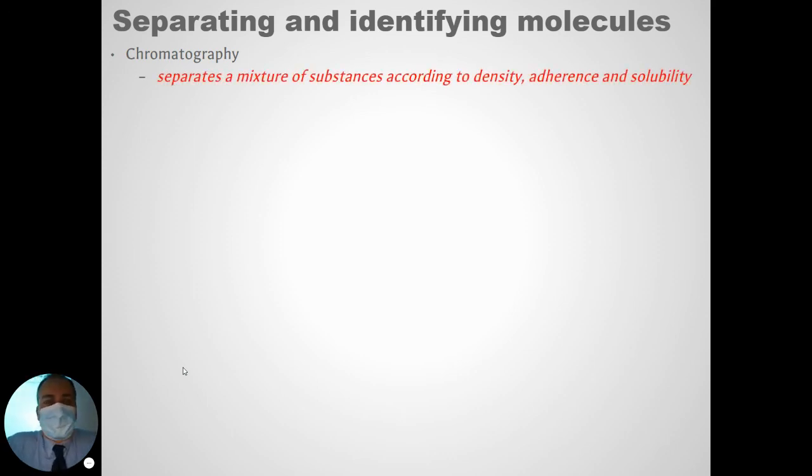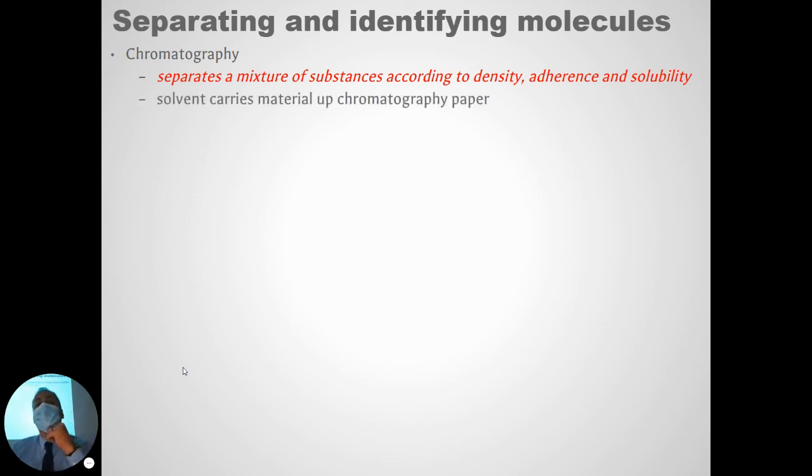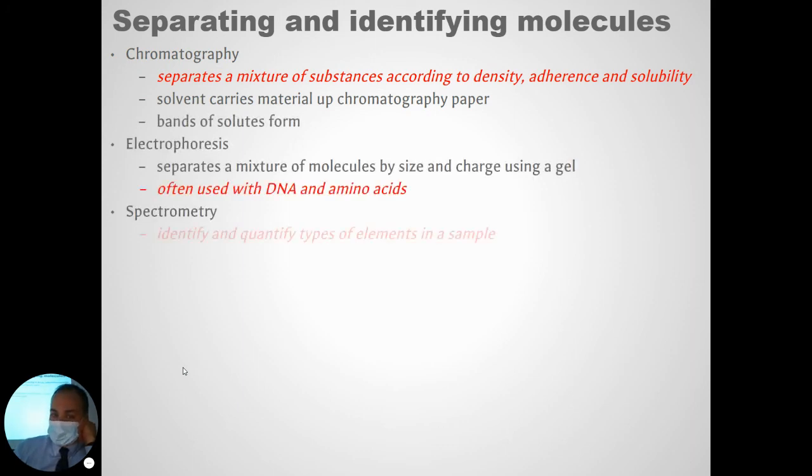Okay, the last two tools we'll talk about are tools that we'll use later on in the year that help us take a mixture of molecules and separate them by their size. And you may have done this in 8th grade. I don't know if you did chromatography. So chromatography, here's my pictures.